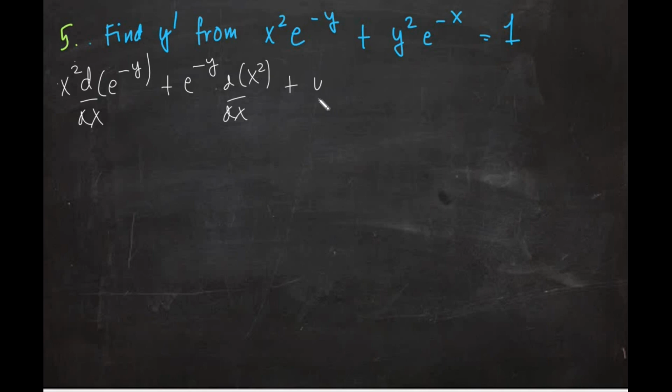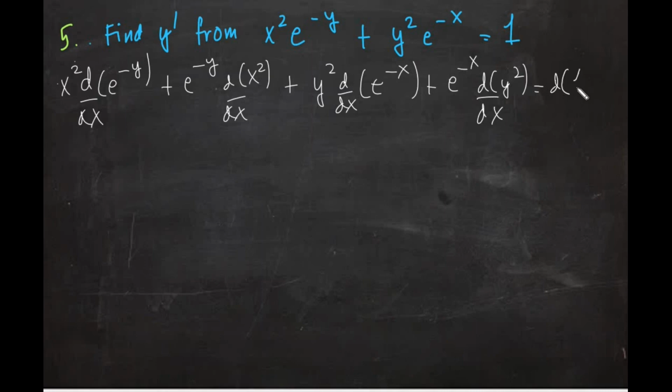We'll also apply the same for the second term. We have y squared times the derivative of e raised to negative x, plus e raised to negative x times the derivative of y squared with respect to x, is equal to the derivative of 1 with respect to x. We know that the derivative of 1 is 0 because that is a constant.